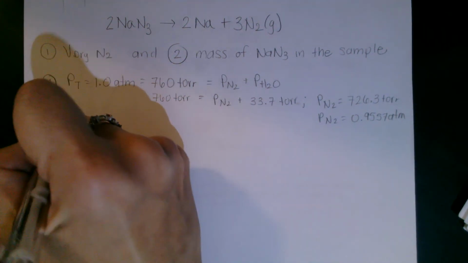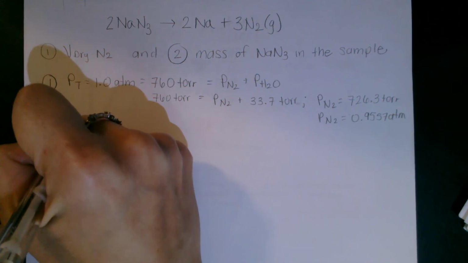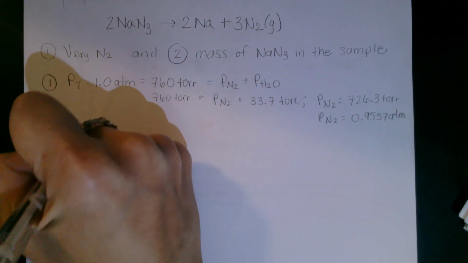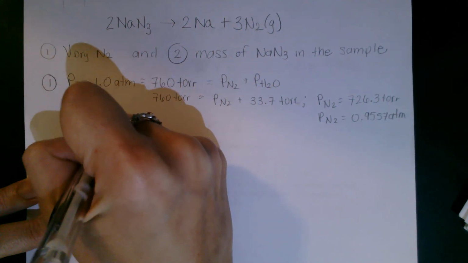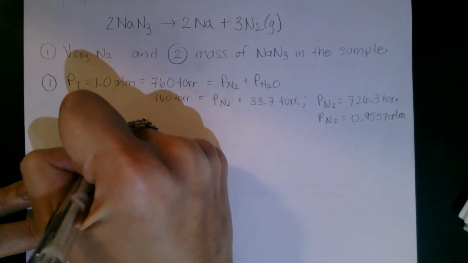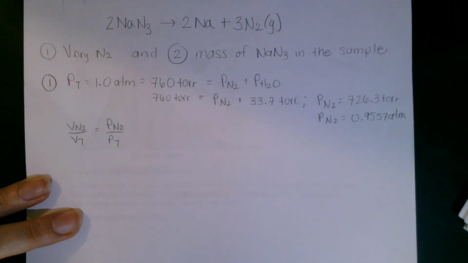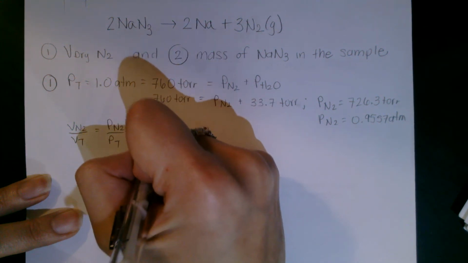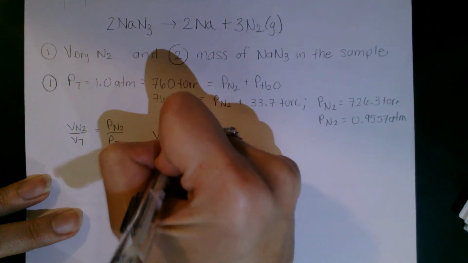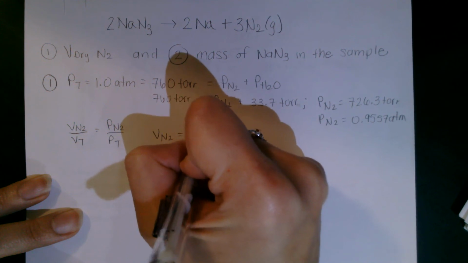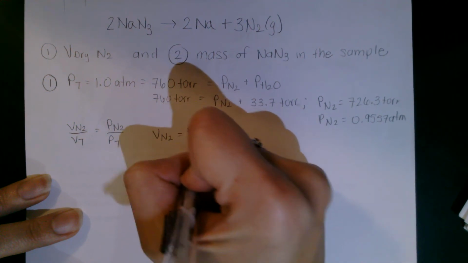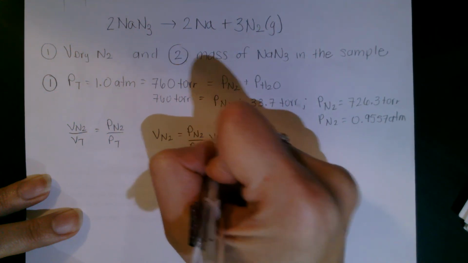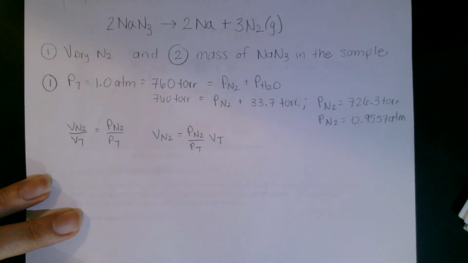Okay, so now our volume of N2 over volume total equals pressure of N2 over pressure total. I'm going to rearrange this so that I have volume of N2 equals pressure N2 over pressure total times volume total.